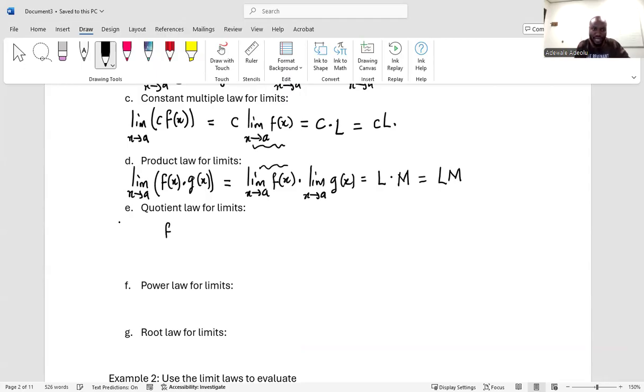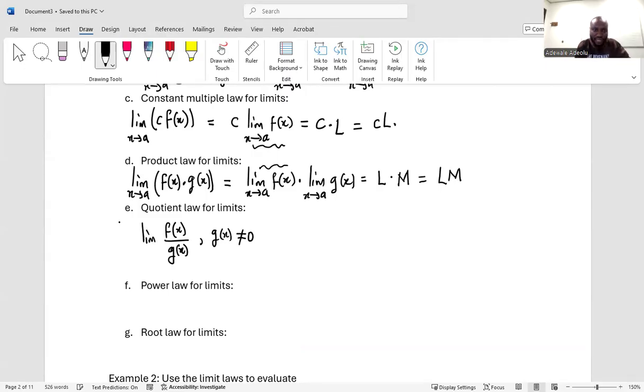So again, if I have the function f of x divided by g of x, I do know that my g of x cannot be zero. I cannot divide by zero.